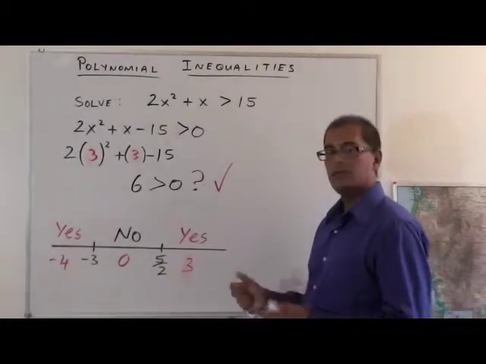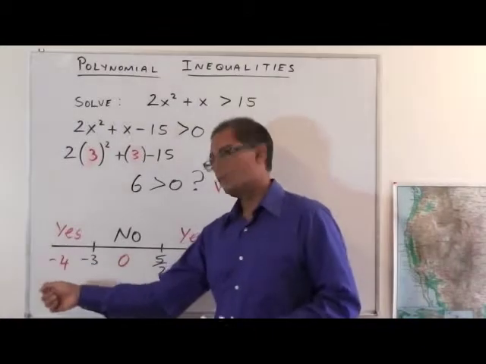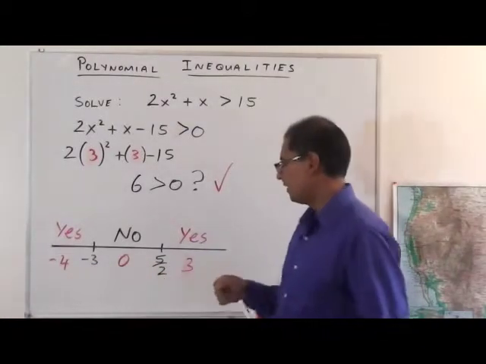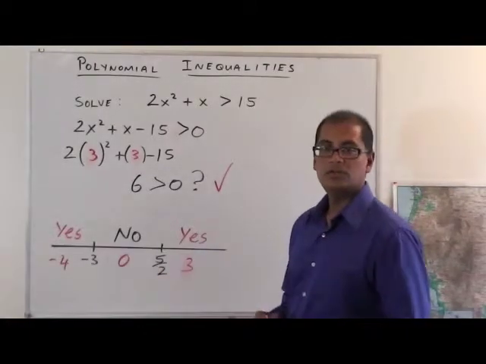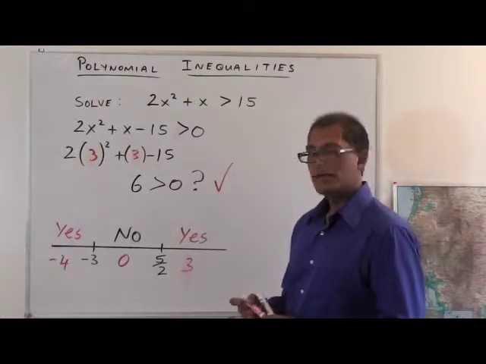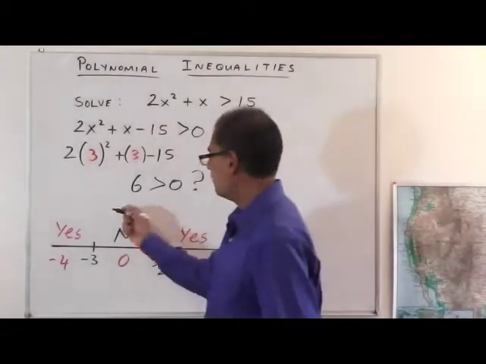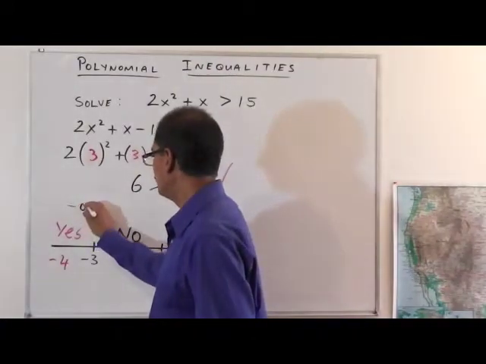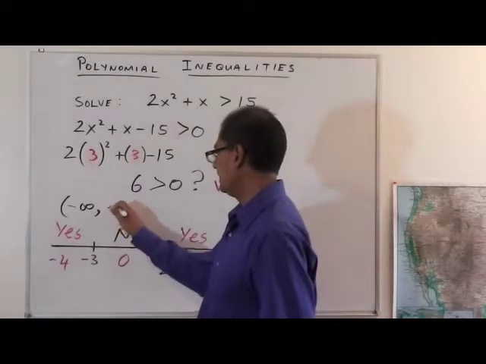So how do we write this solution? We're saying our solution are numbers less than negative 3 and numbers greater than 5 halves. And between negative 3 and 5 halves, there's no solution. So how do we write that? We use interval notation. And so what we do is we say our solution is from negative infinity all the way to negative 3.